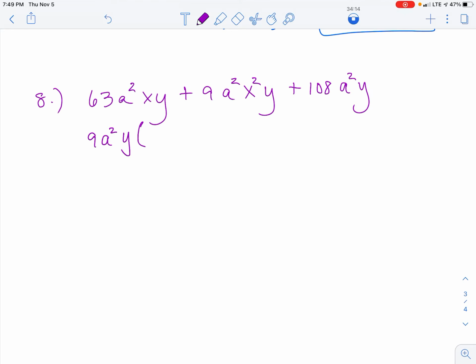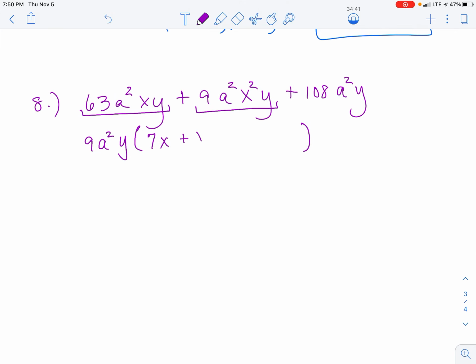So let's put back into our parentheses what needs to remain. In order to get that 9a squared y back to this first term, we would have to multiply it with a 7x. That would give us 63a squared xy. The second one, I would need x squared is all, right?